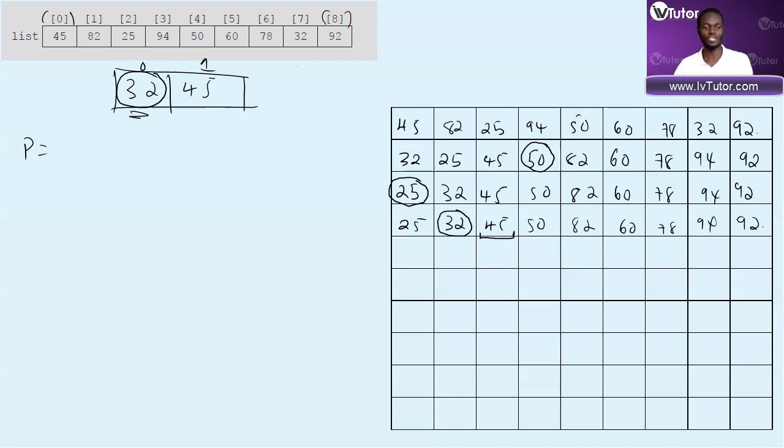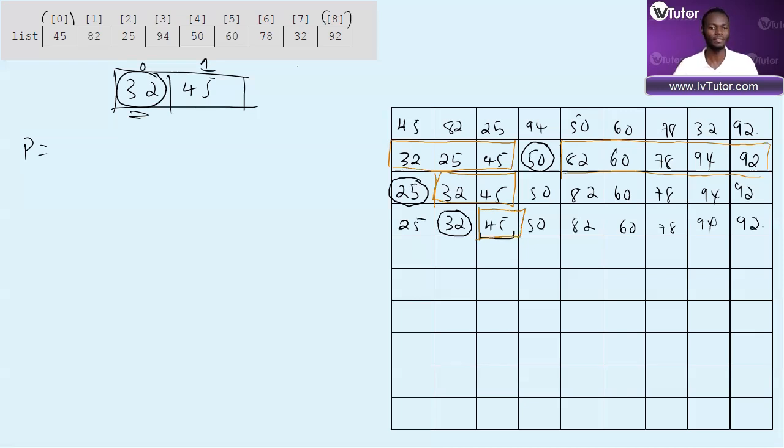Which means if you check here, we partitioned and we had these two sub-arrays, this left side and this right side here. After partitioning the left side, we ended up with this sub-array, which we partitioned, and we were left with only one item. So we are done with the left side.